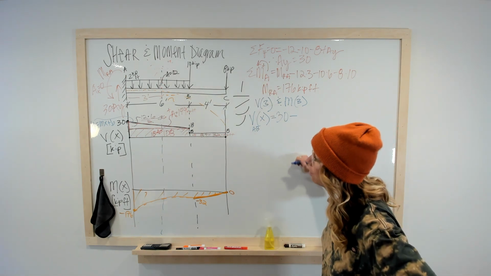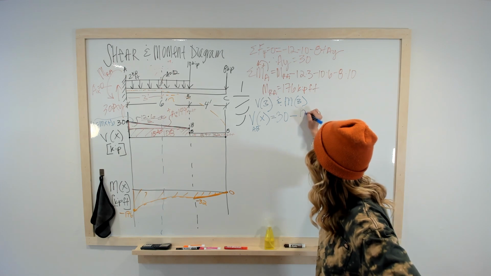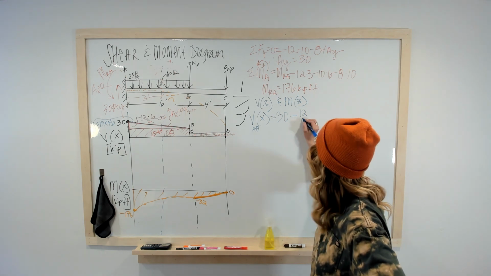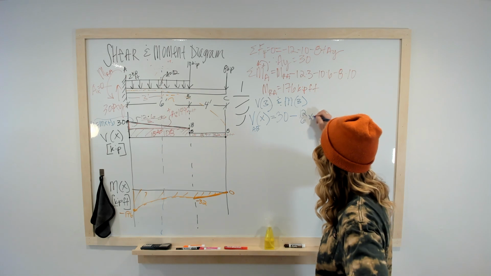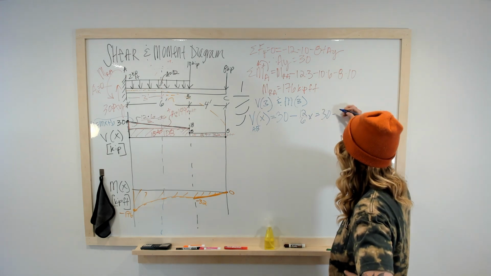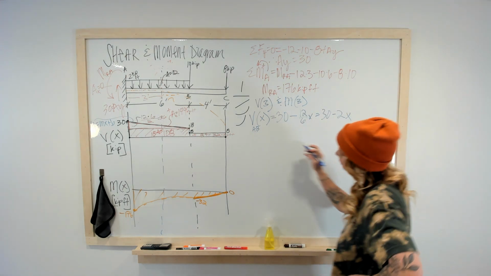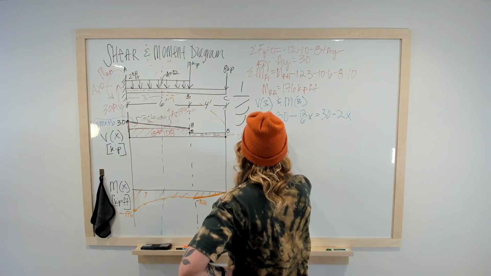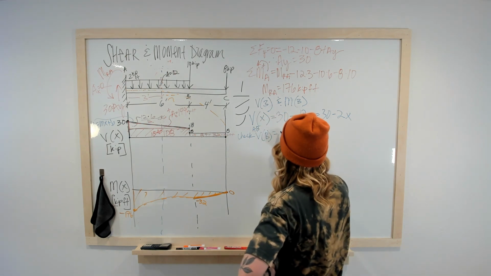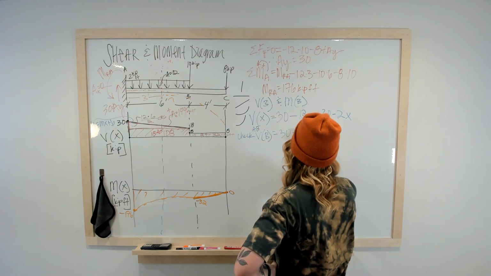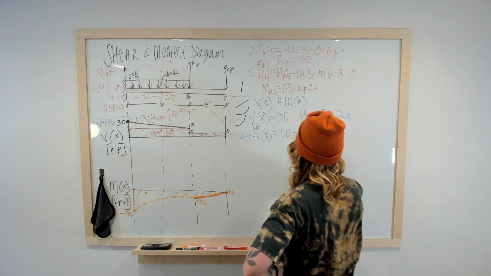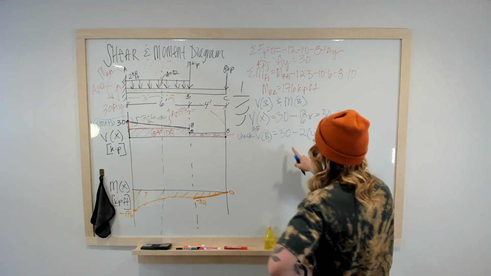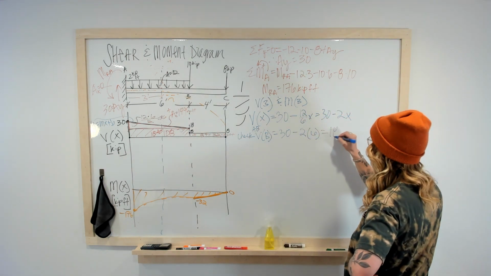I'm going down 12, so my rise is -12 over 6x, so this is 30 minus 2x. Let's check. What is V of B? Well, that would be equal to 30 minus 2 times 6, which would be 30 minus 12, which would be equal to 18.